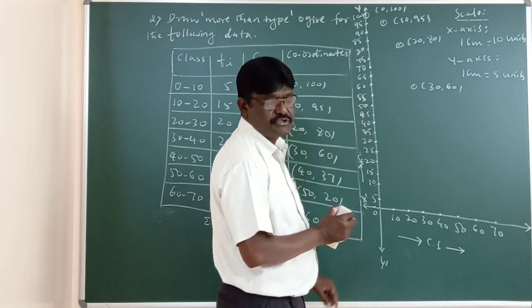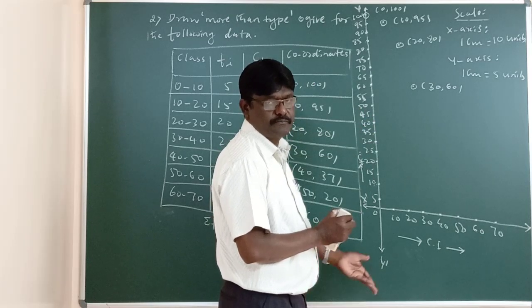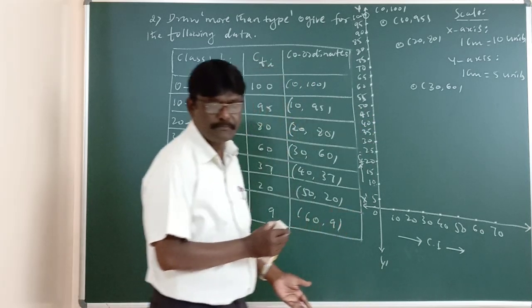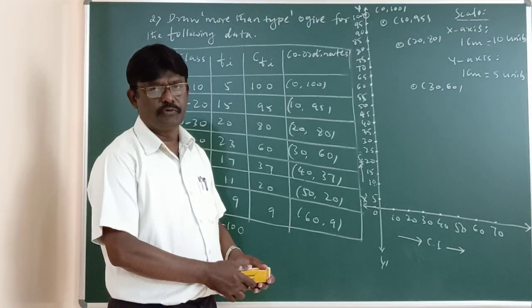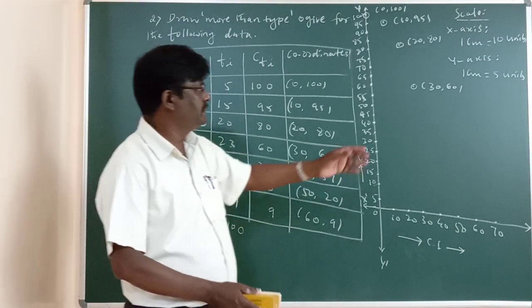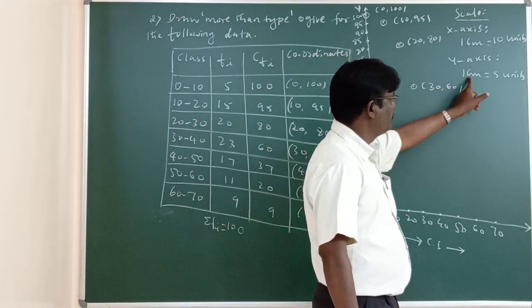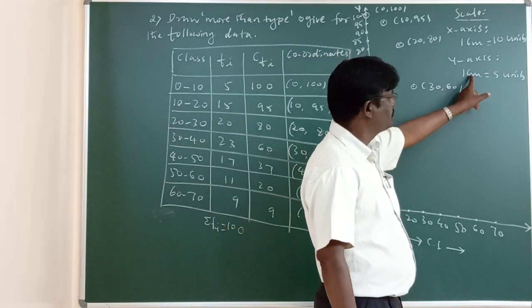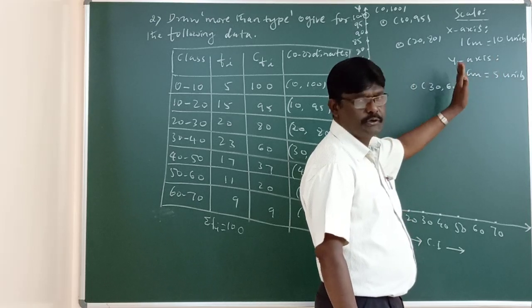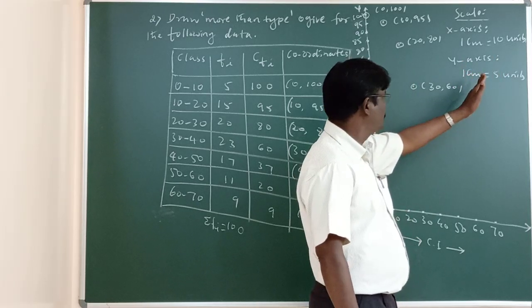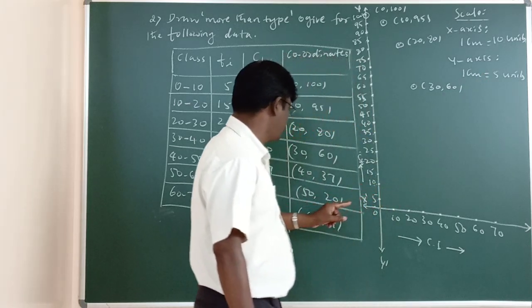So 37 means what? You know that calculation. Here 1 centimeter means 10 divisions, which is 5 units, or every 1 unit is 2 divisions. Be very clear, children.